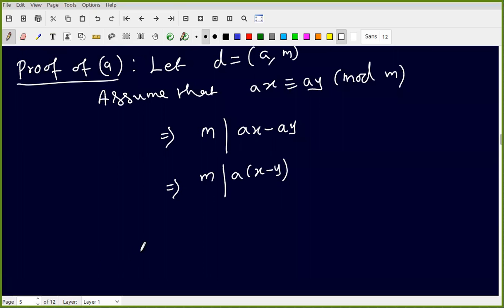Again, using the definition of division, there is an integer Z such that A(X minus Y) equals MZ.